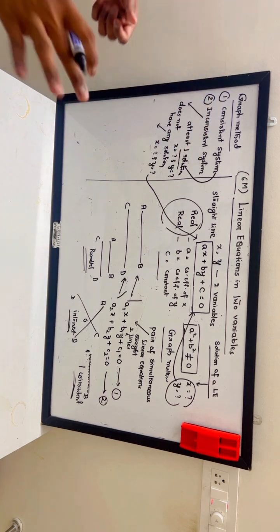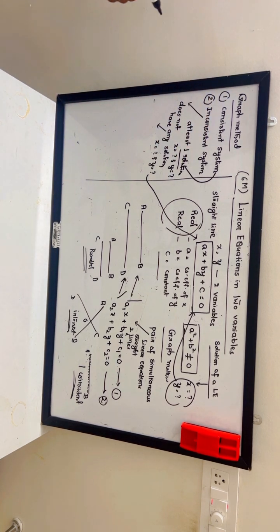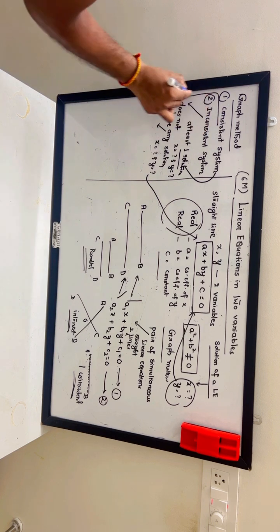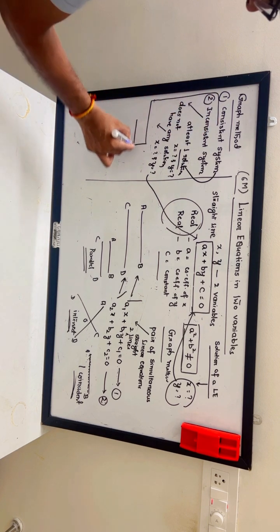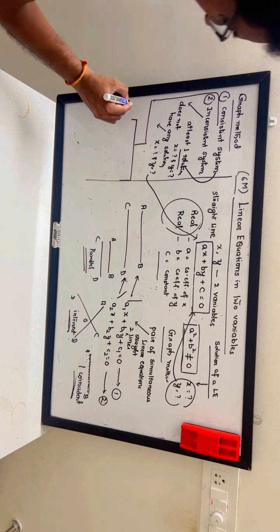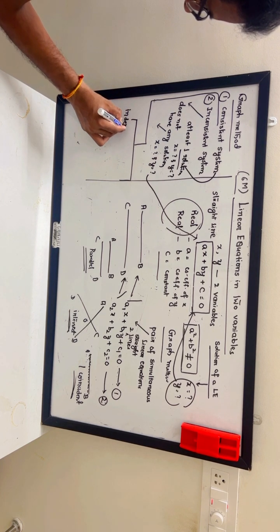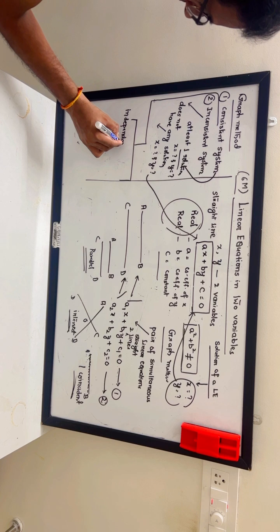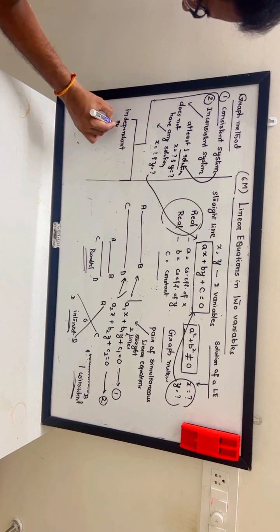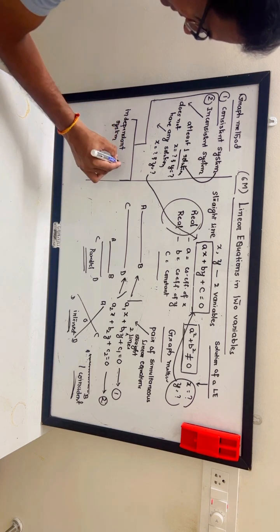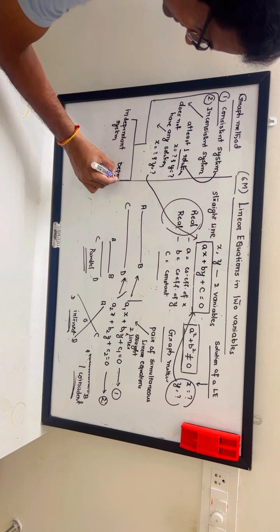In inconsistent there is no solution. And now, once again in consistent we have two different types of systems. One is an independent system. The other one is a dependent system.